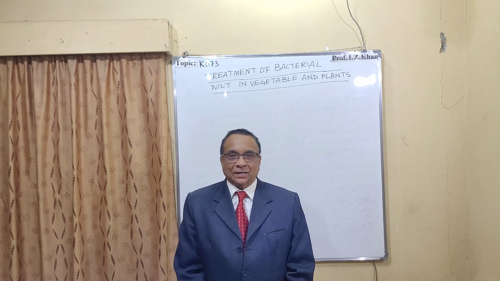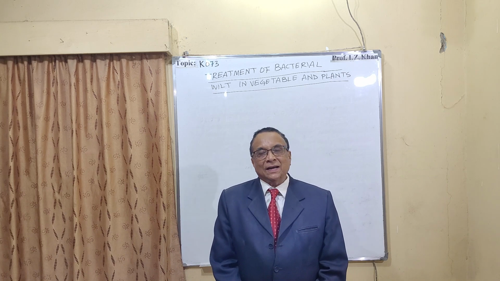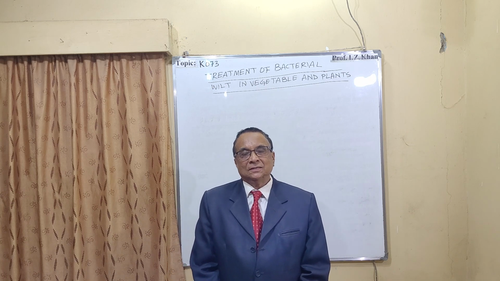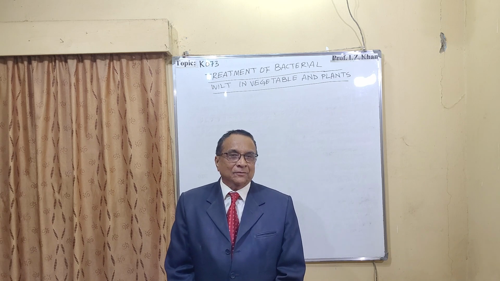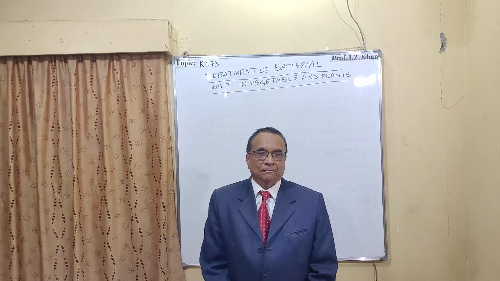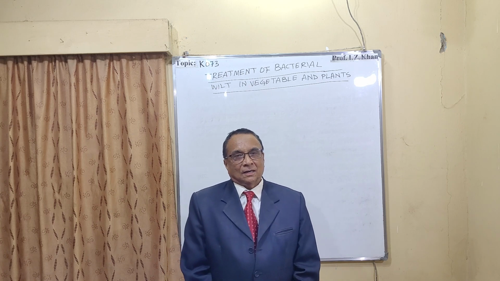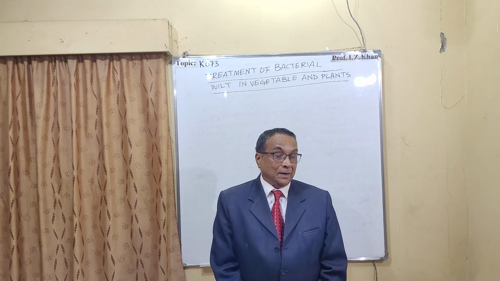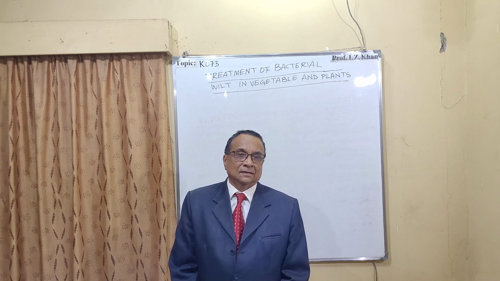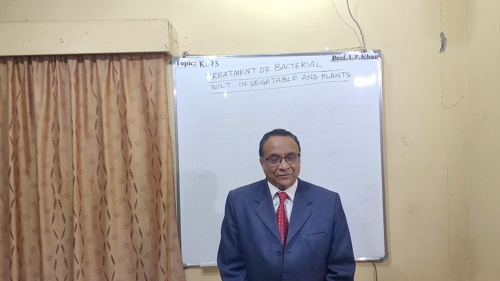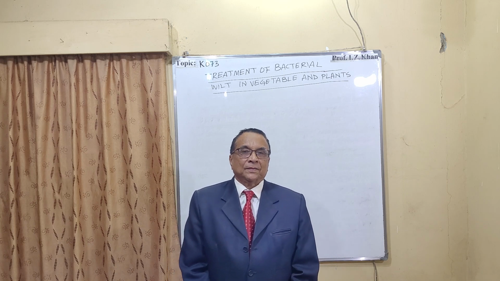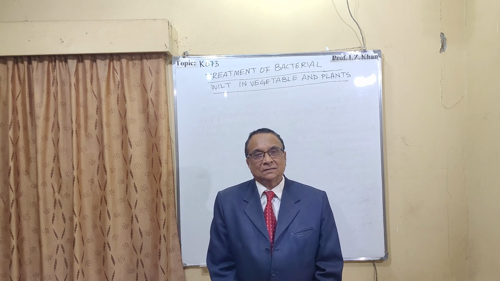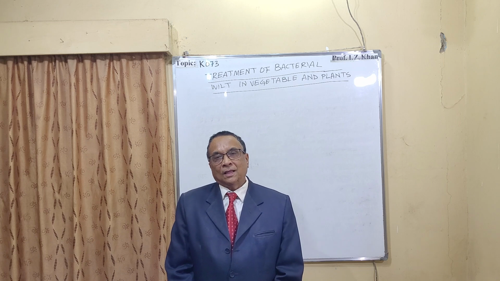Today's topic is the treatment of bacterial wilt in vegetables and other plants, especially in vegetables like onion, tomato, eggplant, watermelon, etc. As we know, in a previous lecture I have already discussed how to treat viral infection in plants and also how to identify the curling of leaves due to pests and mites and how to treat them.